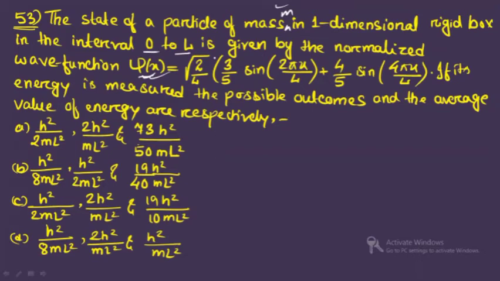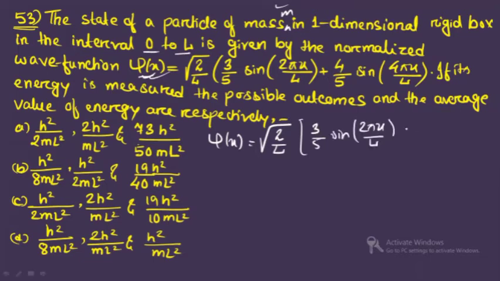So for this, if you see, this is psi x given to you. So psi x equals root over 2 by L, right, times 3 by 5 sine 2 pi x by L plus 4 by 5 sine 4 pi x by L. So here you have to just see the possible outcomes of energy and the average value of energy.